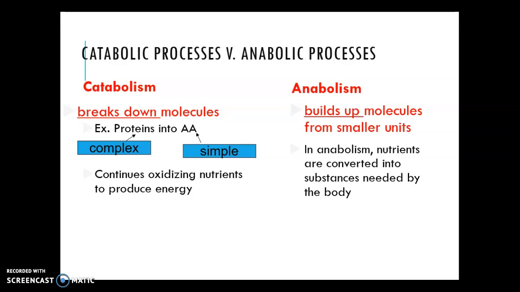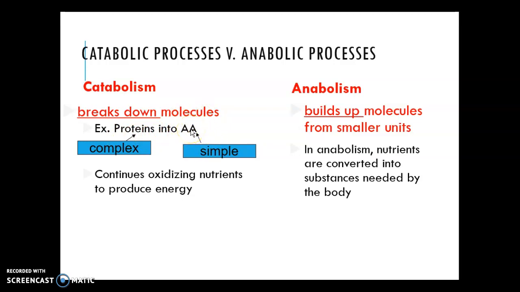So there are catabolic and anabolic processes that happen in our body, and this is the way our body metabolizes our food. The first part is catabolism, or catabolic, which is the breaking down of molecules. You can see in the example, we eat a protein. This is complex, a very large molecule, and we break it down into simple amino acids, very small pieces.